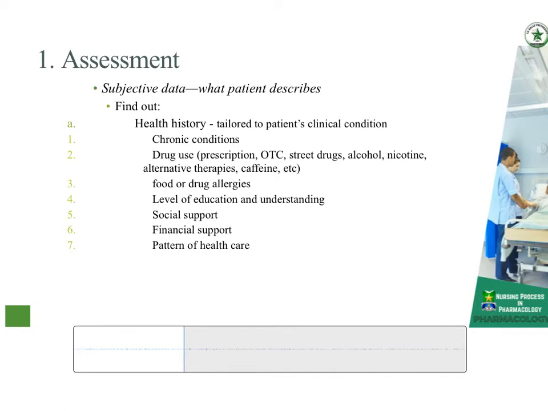So the reasons why the patient cannot take the medication on time or cannot follow the schedule of the drug regimen. Okay? So we also ask the patient of the expectations and the perceptions of the drug's effectiveness.